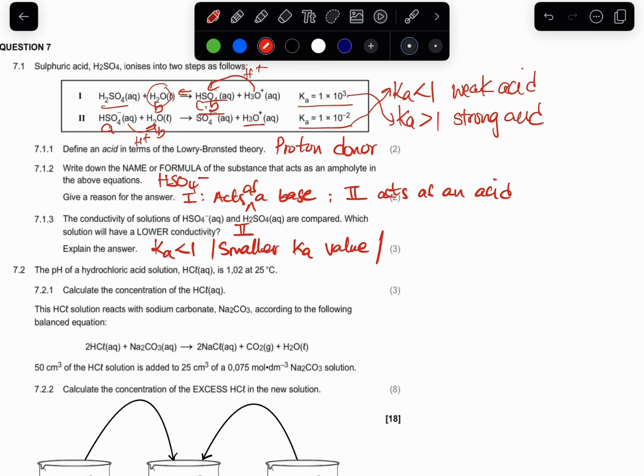You can say it's incompletely ionized, right? Or you can say it has a lower concentration of ions.